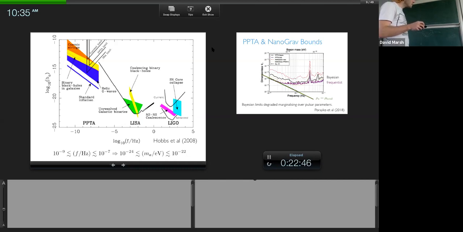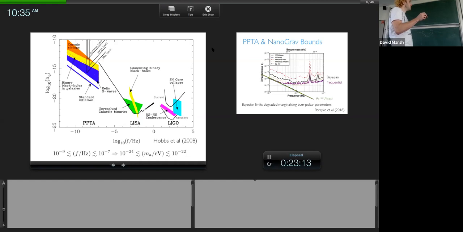This is 10 squared, a few hundred hertz. The space-based observatory, like LISA, would detect gravitational waves at about 10 to the minus 3 hertz. But the pulsar timing arrays have less sensitivity to strain, but sit at much lower frequencies, about 10 to the minus 9 or so hertz.